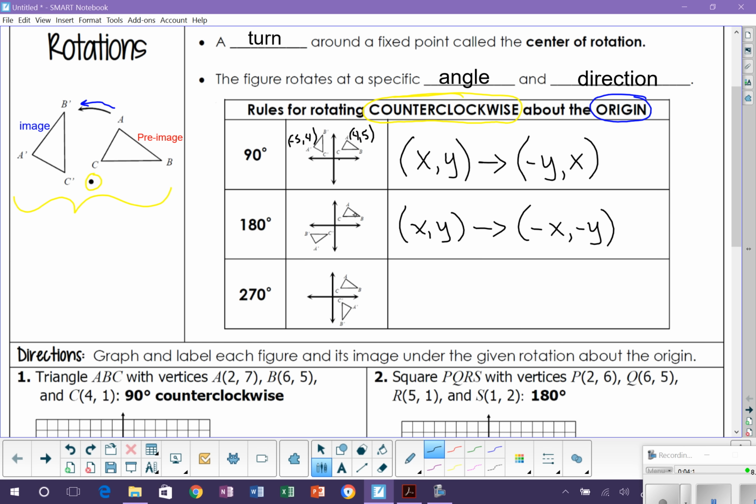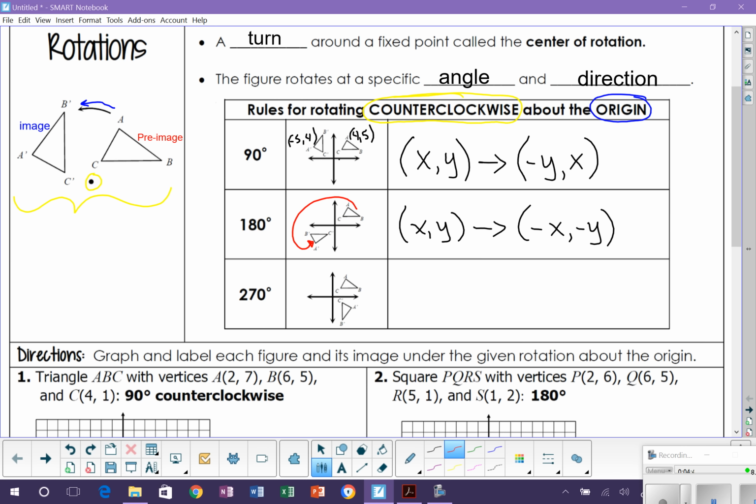Look what happens. You're rotating your pre-image all the way around to here. All the way around.